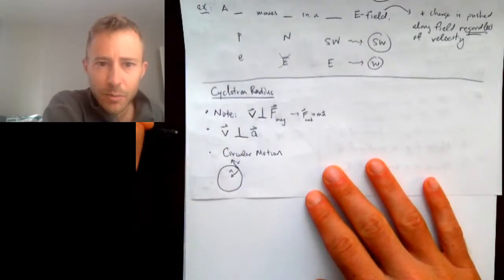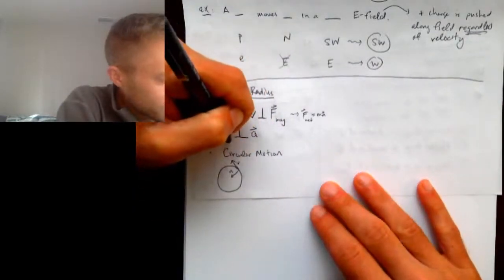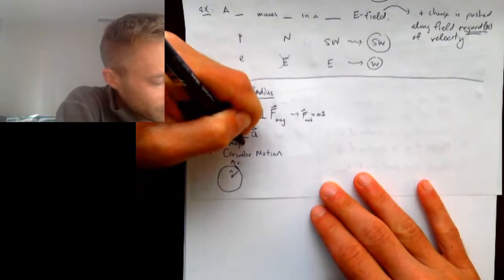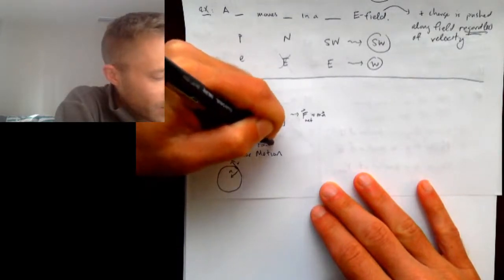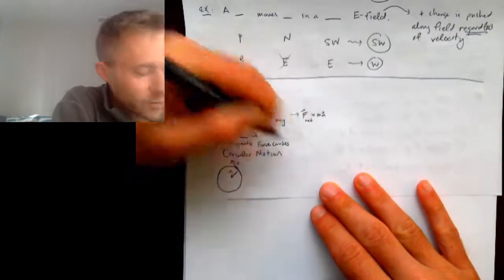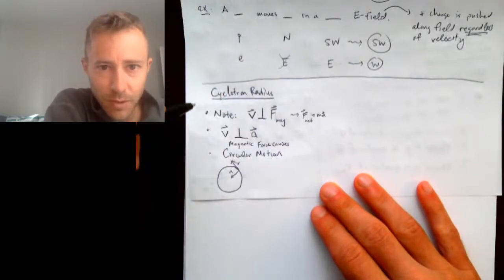So basically the magnetic force causes circular motion.